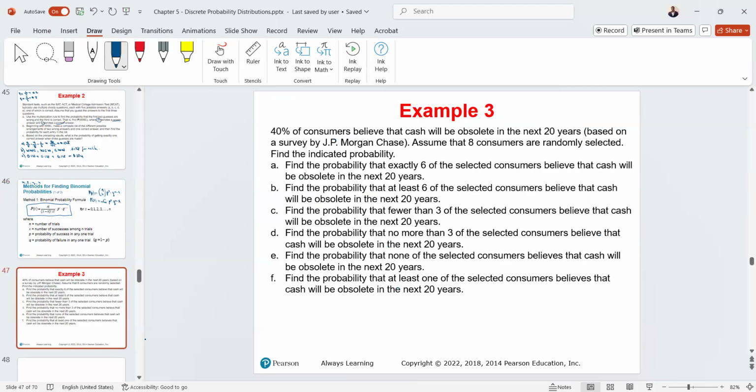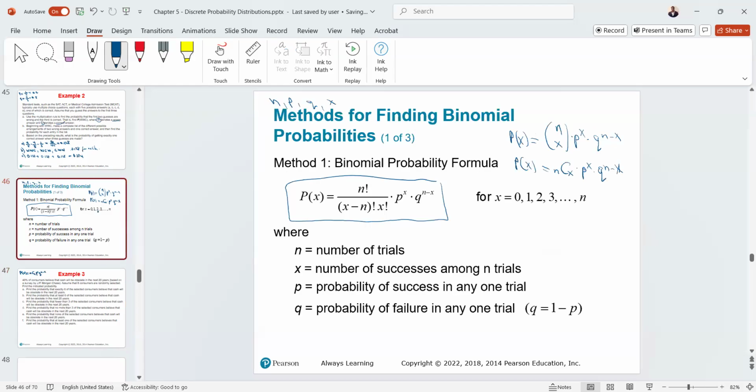We're going to do the first one here. Remember, to find the probability of success, we said it's nCx p power x q power n minus x. The reason why you see this one, remember, if you have nCx, this is the combinations, n factorial over n minus x factorial.